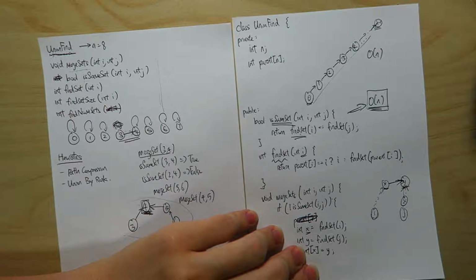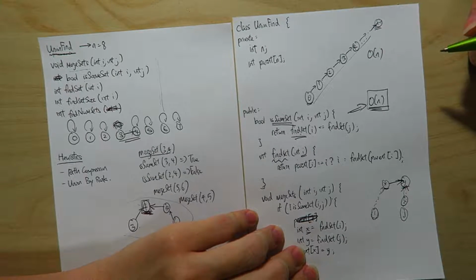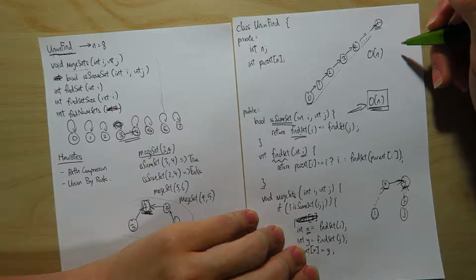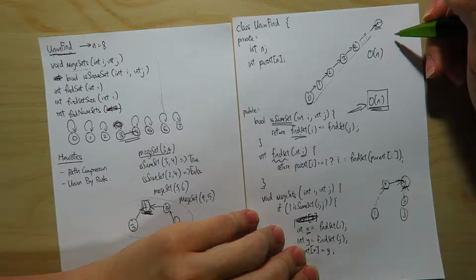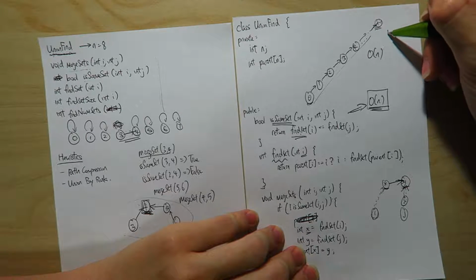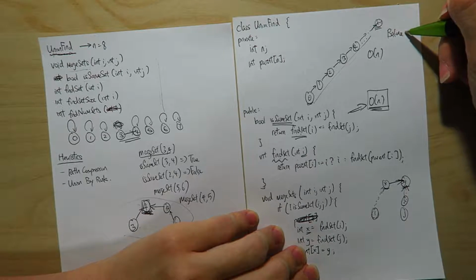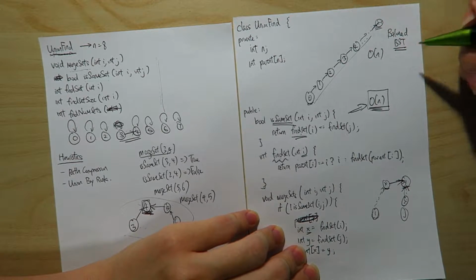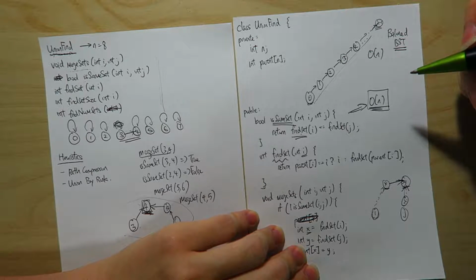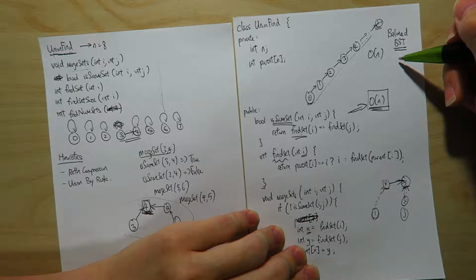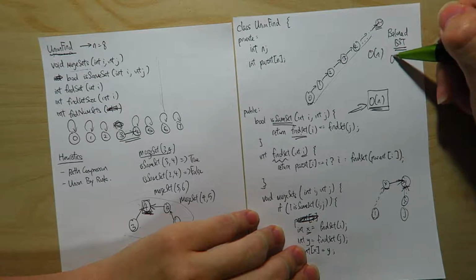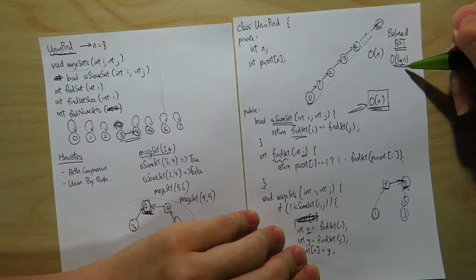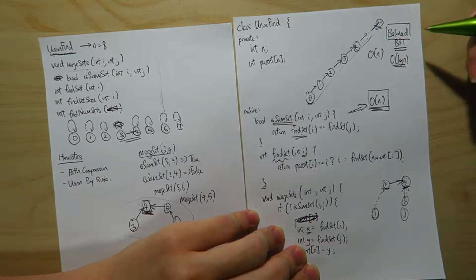So the question is, how do we improve on this? The improvement that we can think of is really inspired by the balanced binary search tree, right? In a balanced binary search tree, we learned that if you want all the operations to work in O(log n), we have to ensure that the entire tree is balanced, right?